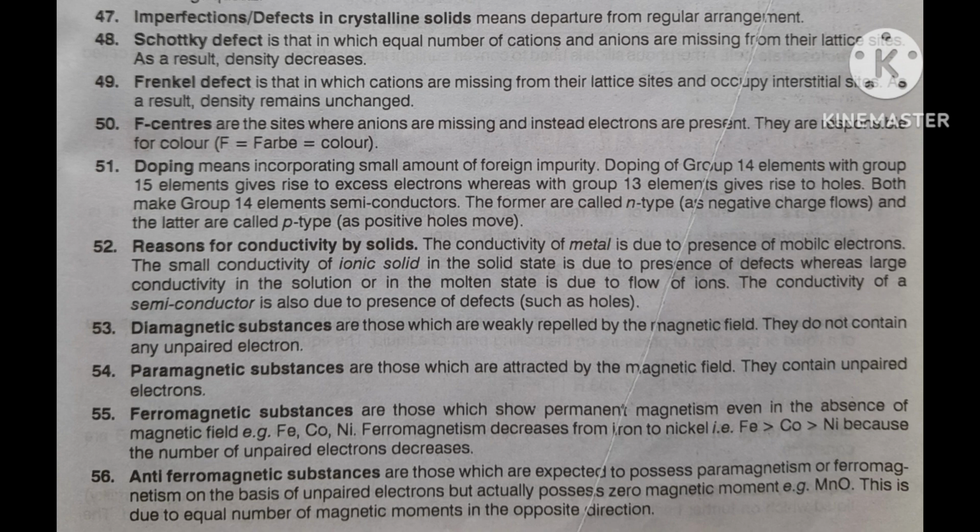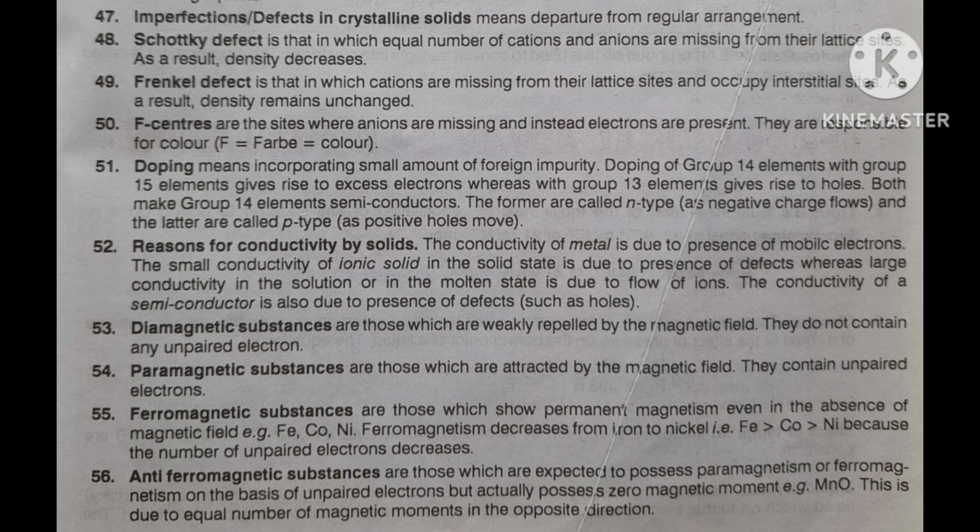What is actually an F center? F centers are the sites where anions are missing. Now see another problem. This is also a defect. F centers are the sites where anions are missing and instead electrons are present.